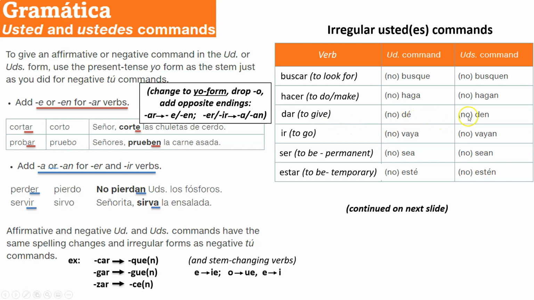No dé, no den. Ir, to go. So we can have vaya or vayan. Ser, to be, permanent. Sea, sean. Estar, to be, temporary. Esté, estén. And to say don't be, put no in front.